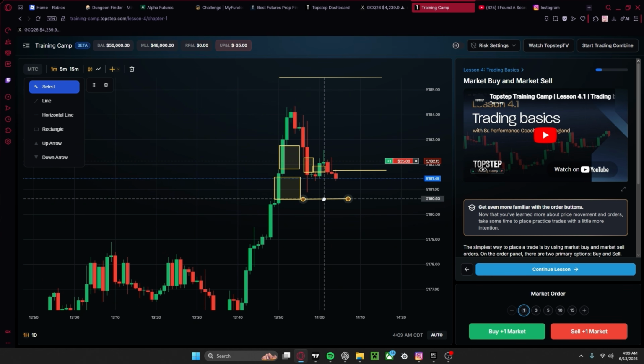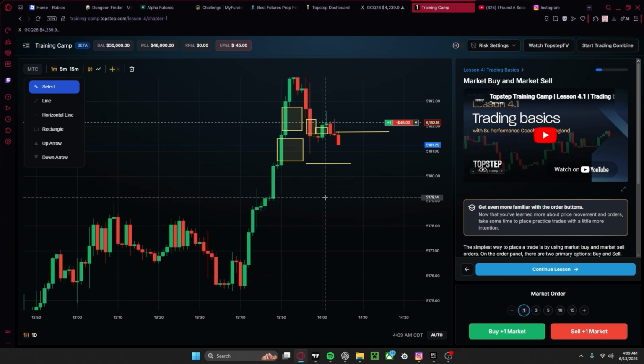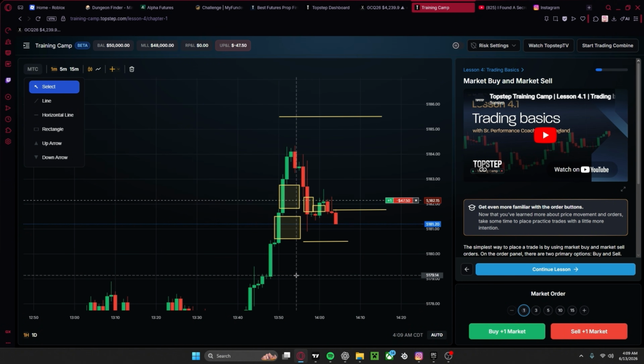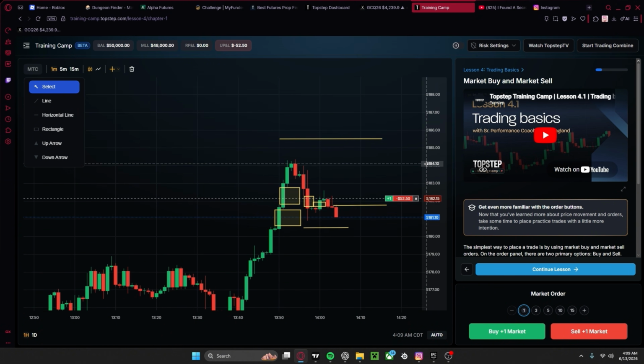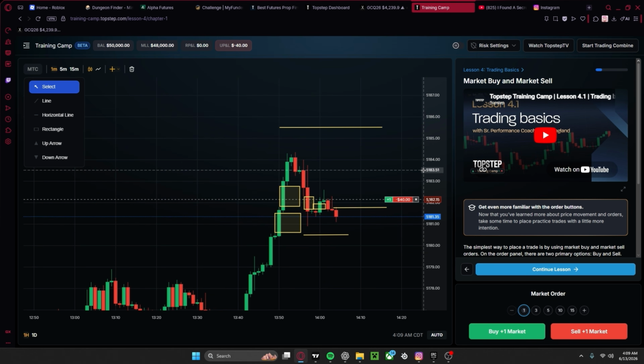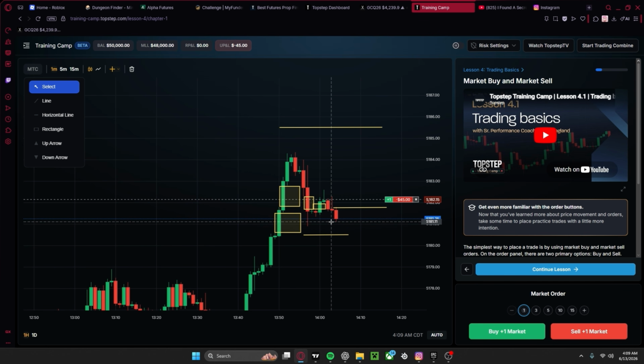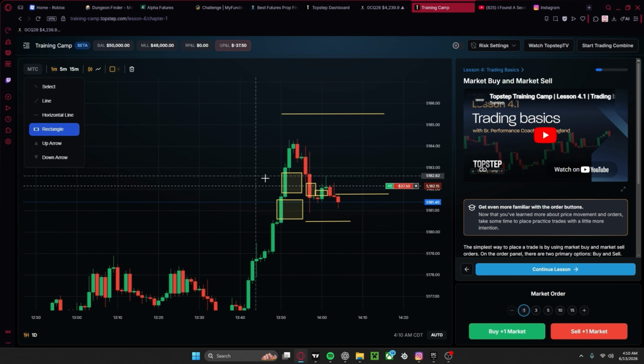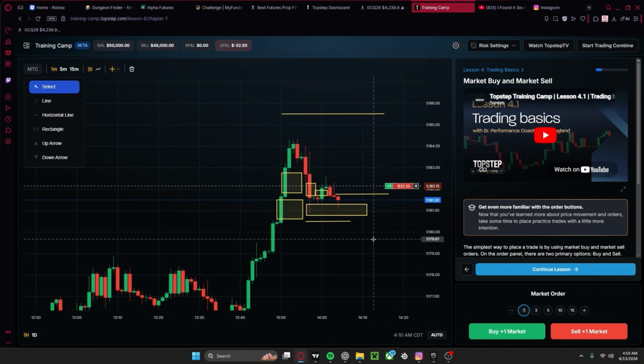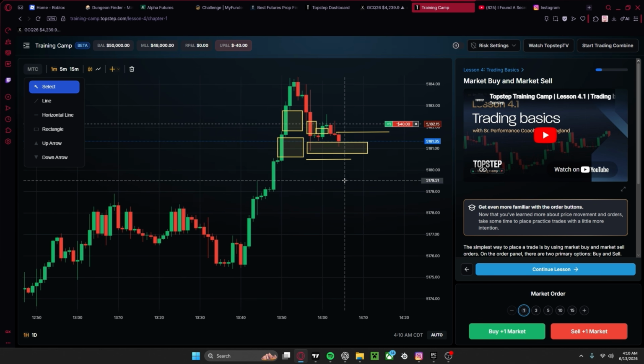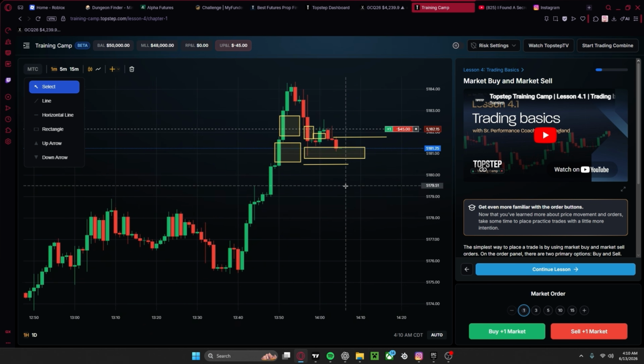We'll always put it down, and that's the fair value gap. Okay. So it retouched twice. So now the fair value gap is invalid. So we're gonna go like that. Okay, so this fair value gap is invalid. So now it's just a plain liquidity sweep.